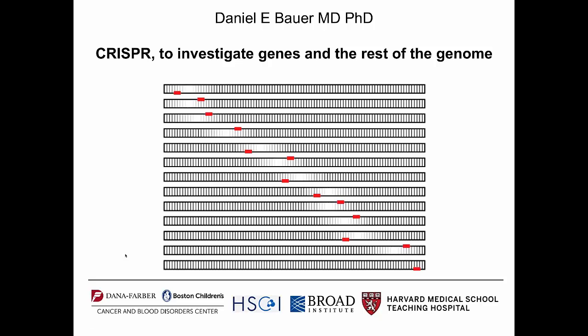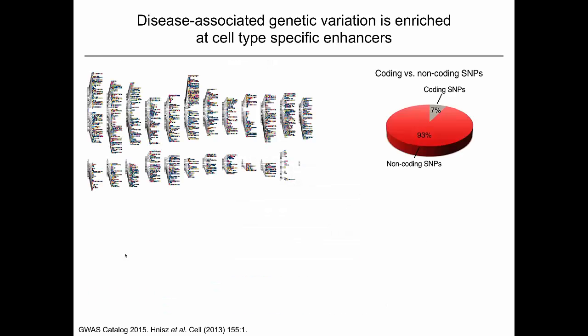So I'm going to give you a brief introduction to some applications for CRISPR for hemoglobin disorders and hematology. So in this post-human genome era, we have the fortune of having many GWAS studies which have identified genetic variants associated with a wide range of human phenotypes and disease predisposition.